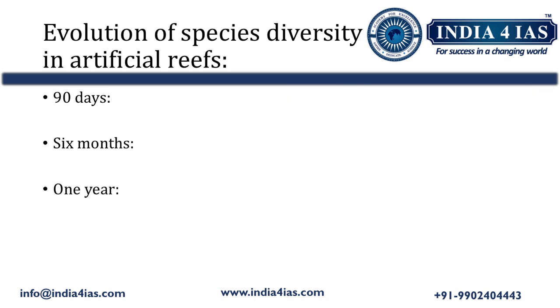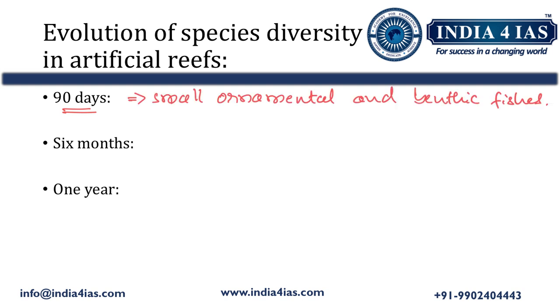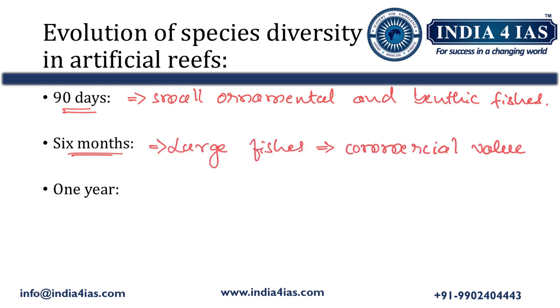Now we will briefly study the evolution of different kinds of species in the artificial reefs over time. In the first 90 days after artificial reefs are constructed, they become home and breeding ground for small ornamental and benthic fishes. Then within 6 months, large fishes with commercial value begin visiting the reefs in search of food.